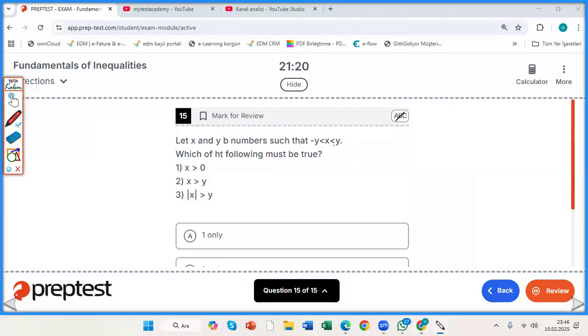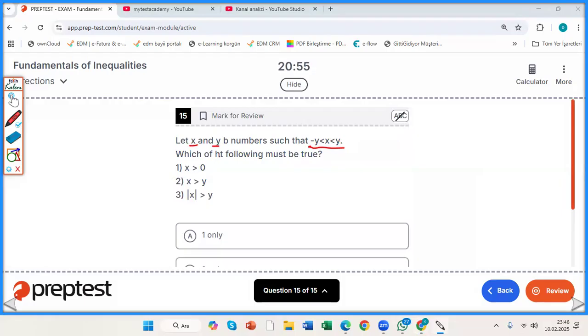For that question, I thought that this is the relation between them. This is the relation for the x and y variables. x is less than y and greater than minus y. When we look at this question, there is no information about x and y.